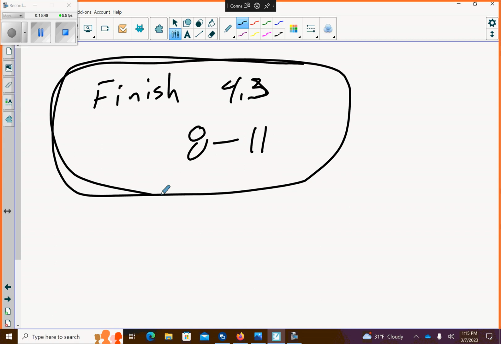Problem number 8 is similar to problem number 1. So is number 9. And then 10, see if you can figure it out. If you get to 10 and have a question about it, let me know, and I'm happy to help you. And then number 11 is done the same way. Just make sure you turn the square root of x into x to the 1/2 power. Deal?